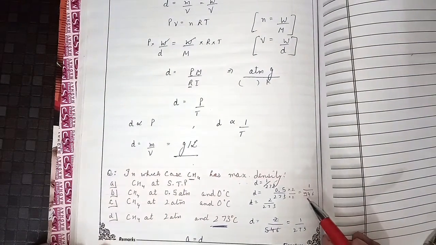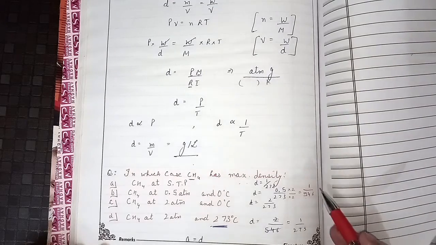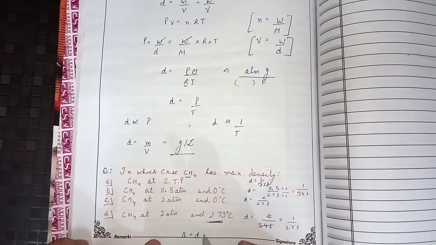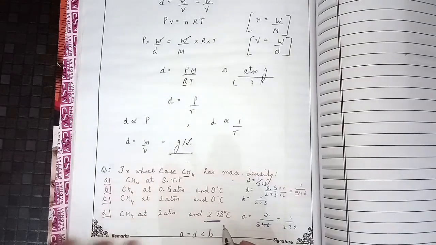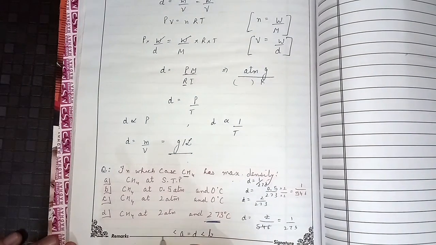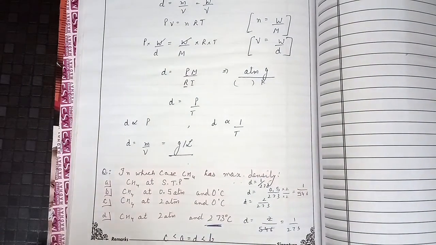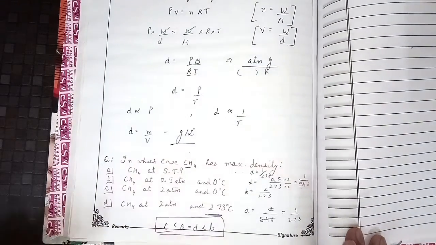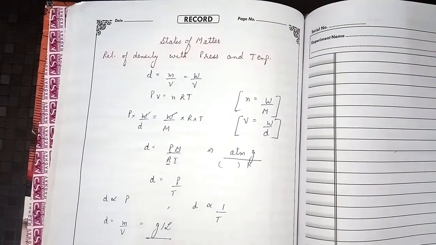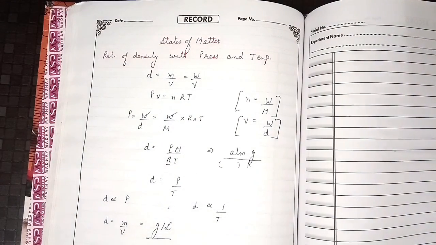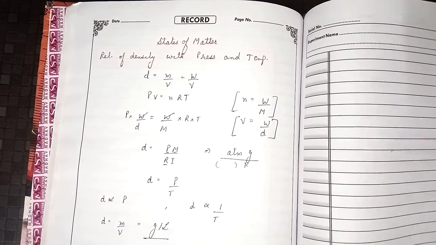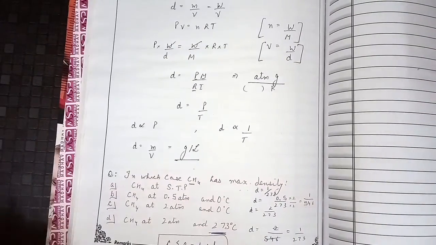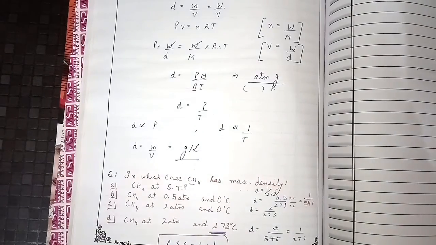And here we know that the denominator is large, so this value will become less, and this density will be less than the density in case C. So the maximum density will be in case C. So this is the correct order for the density of the gas in the four cases. You can see that these types of numericals can be asked to us in the exams, especially in JEE.